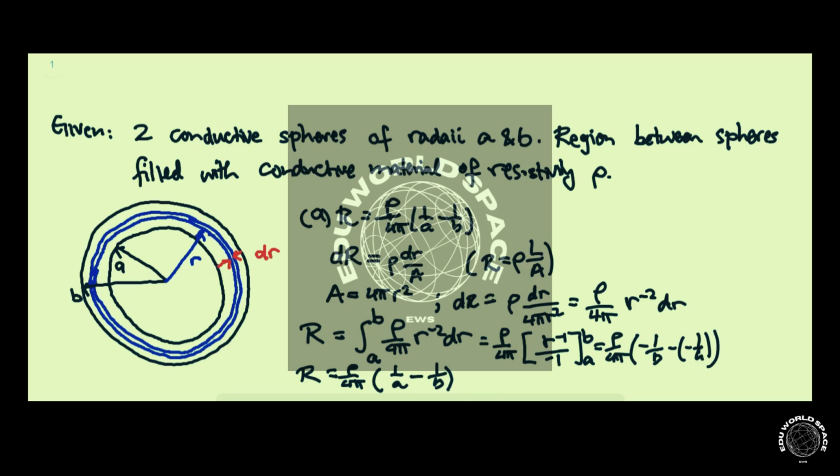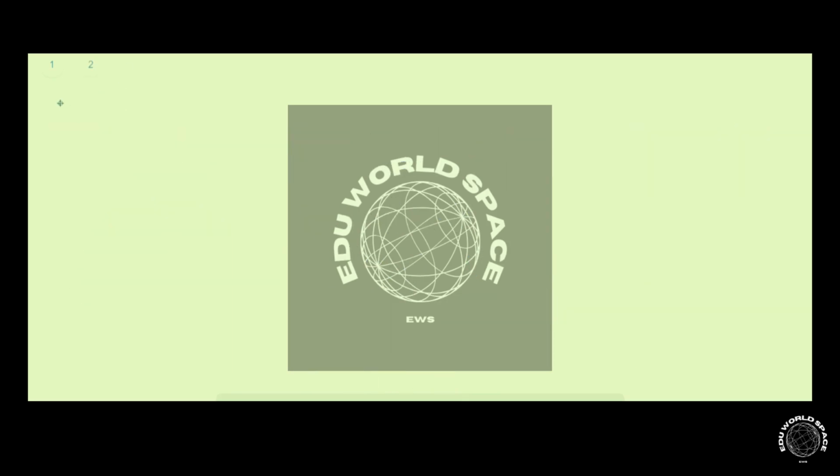So now we'll solve part B of the problem. In part B, we're asked to write the current density in terms of the potential difference between the two spheres. We know that the current density is the current over the cross-sectional area, and we also know that the potential difference is the current times the resistance, which we found in part A. So we can solve this equation for the current.